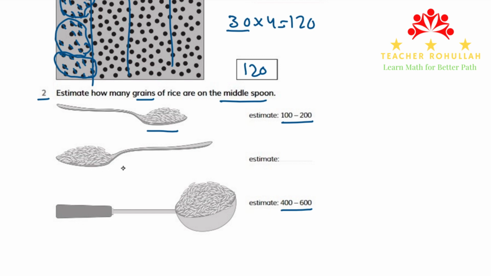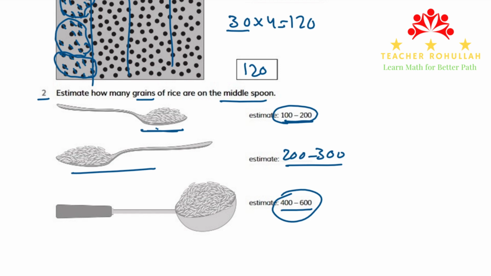We see that the middle spoon is more than the first spoon and less than the third spoon. Seeing that the first spoon contains about 100 to 200 and the third one contains about 400 to 600, we say that the middle spoon contains about 200 to 300 grains of rice.